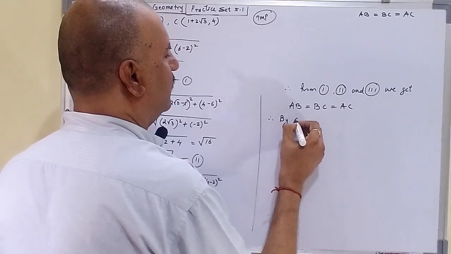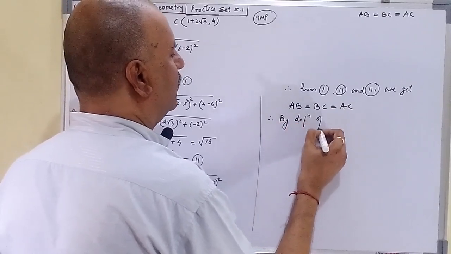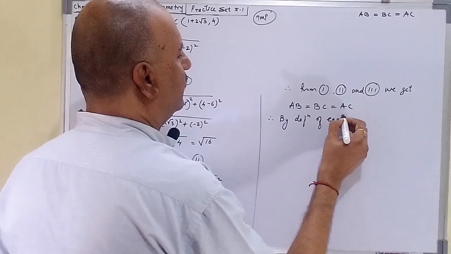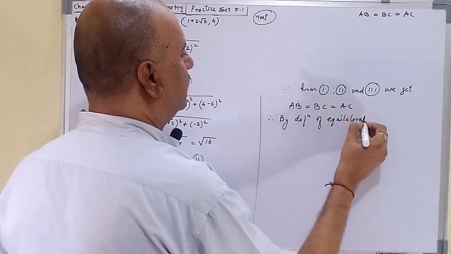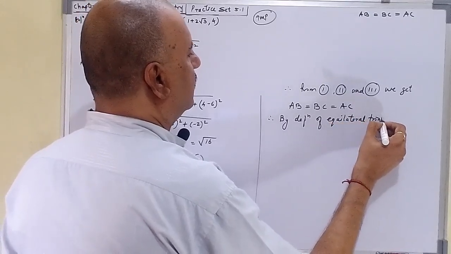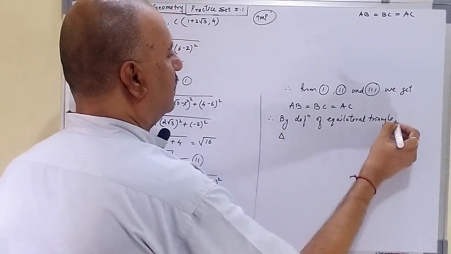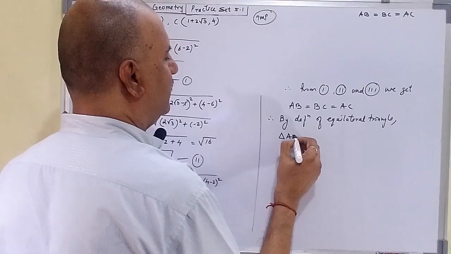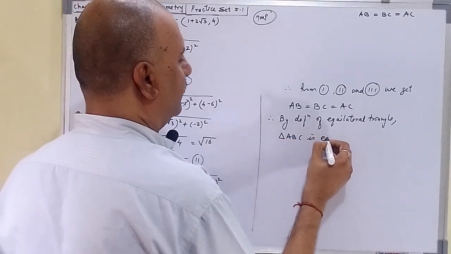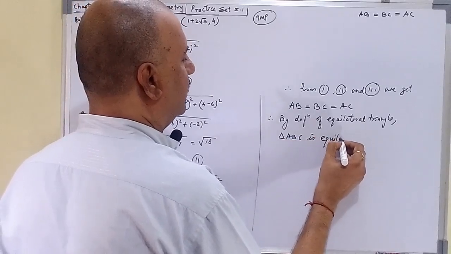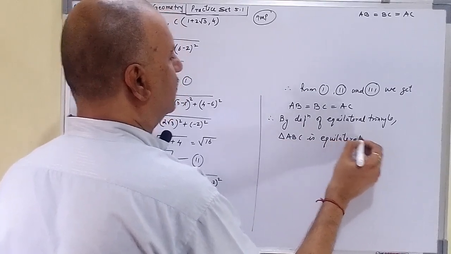Therefore, by the definition of an equilateral triangle, triangle ABC is equilateral.